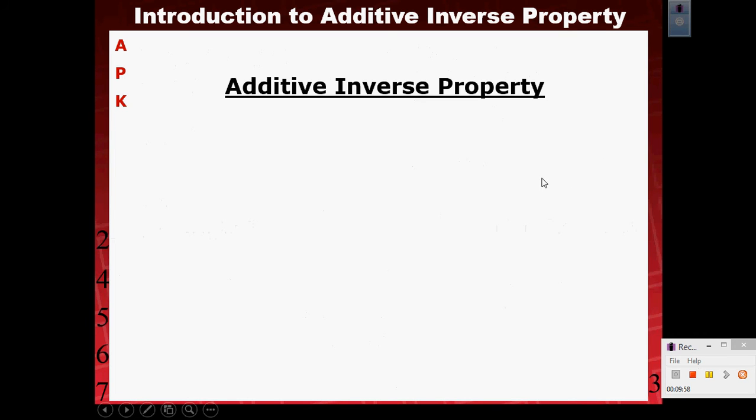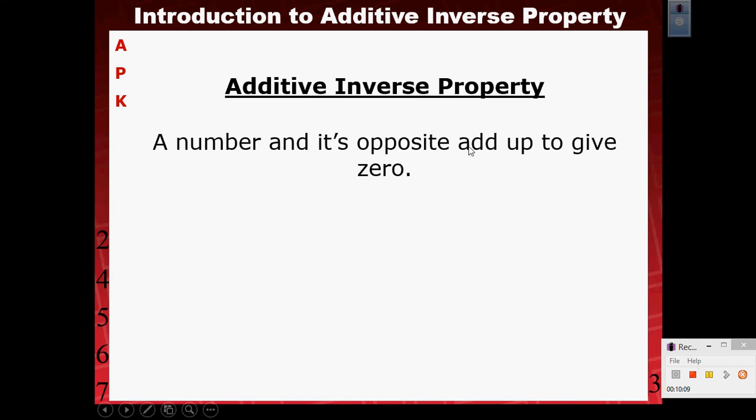So, the first property that we covered in the video, I mentioned, is called the additive inverse property. You're just paying attention for this part. You're not writing anything down. I said the additive inverse property is a number and its opposite that add up to give 0. How does that look with algebra? a plus negative a equals 0. And with numbers, I introduced it like this: 7 plus negative 7 equals 0. Remember that?